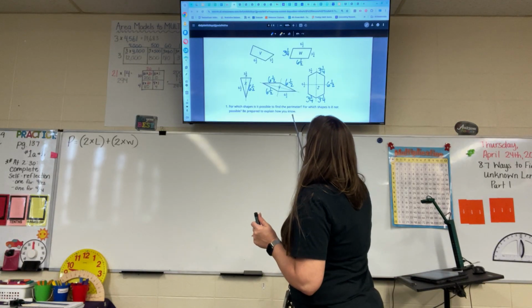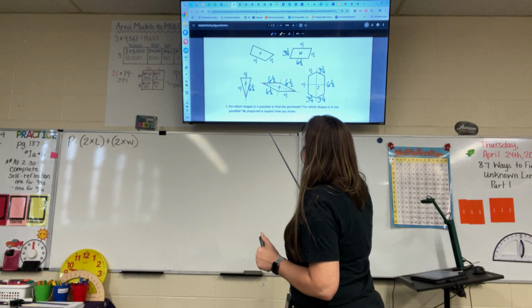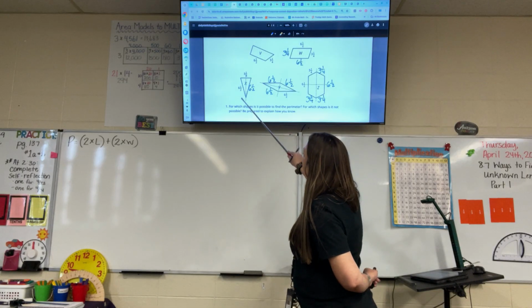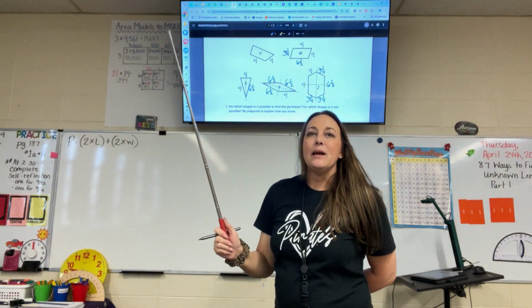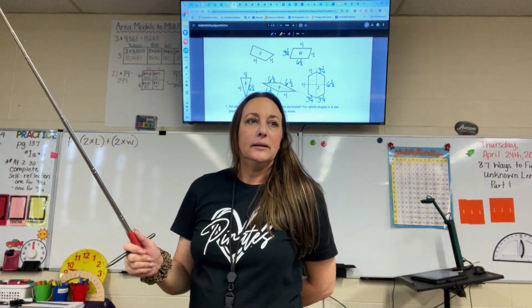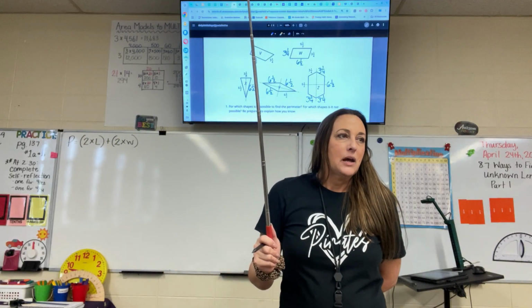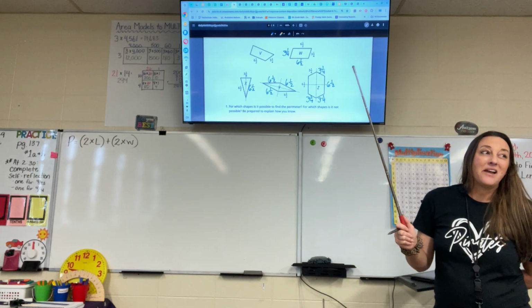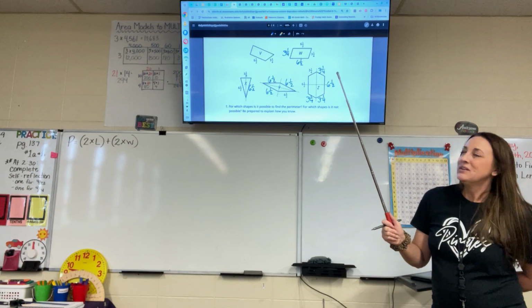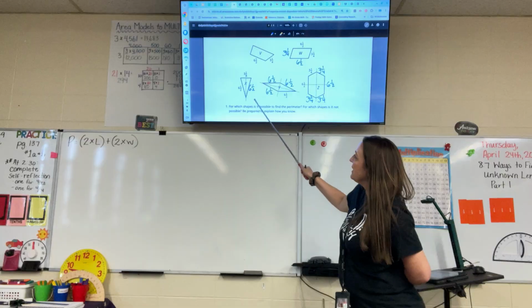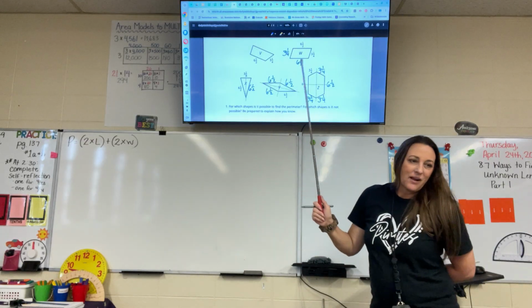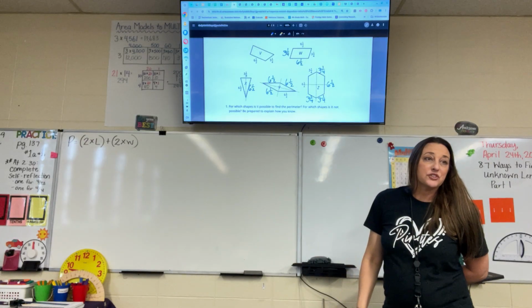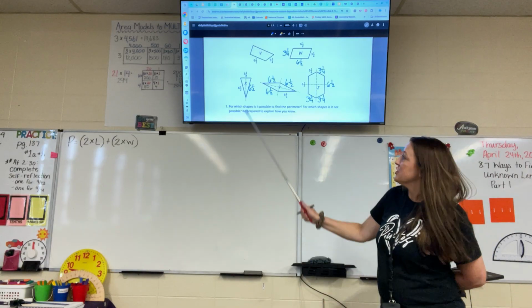Okay, so for example, to find this perimeter, how many 3 1/4 will there be? 2. To find this figure right here, how many 3 1/4 do you see, Colton? 1. There's just one.